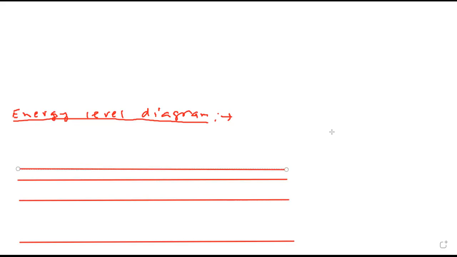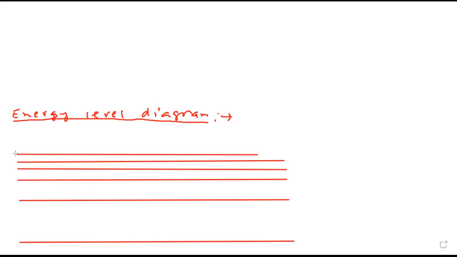Fourth and fifth, minus 0.85 and minus 0.54, even closer. The next will be very close, and finally the last few orbits will be almost overlapping, because the last energy is zero and the difference will be very, very small.